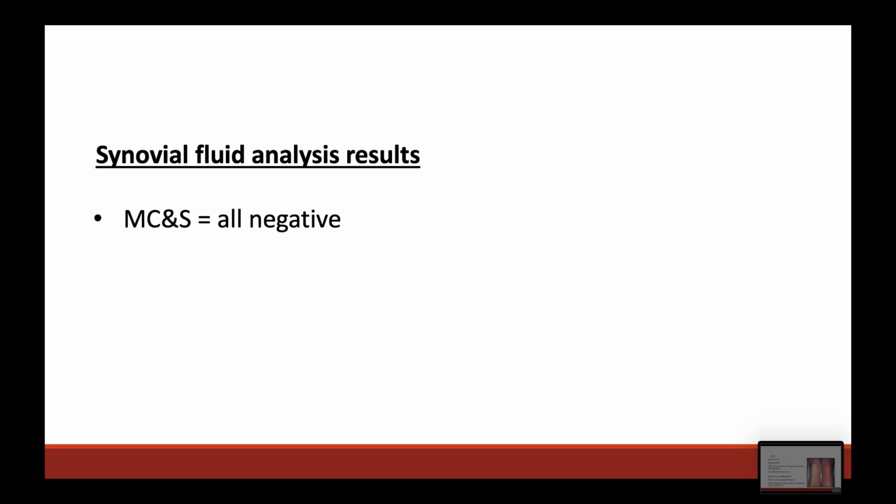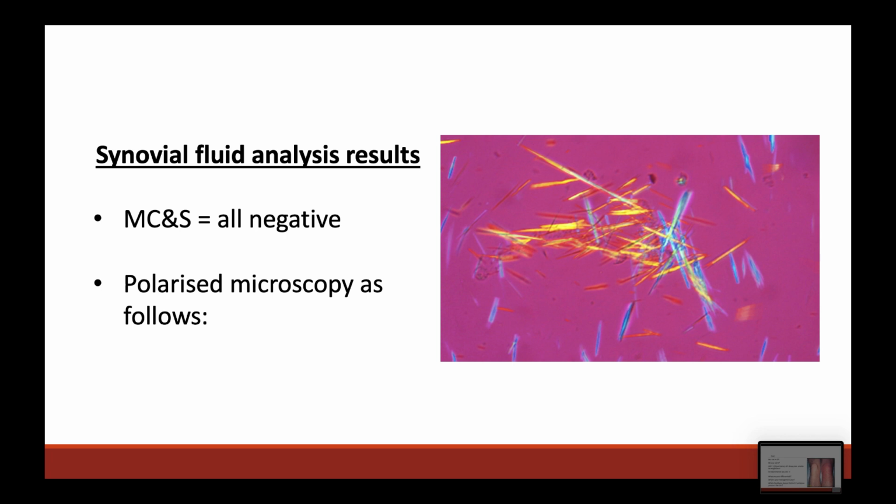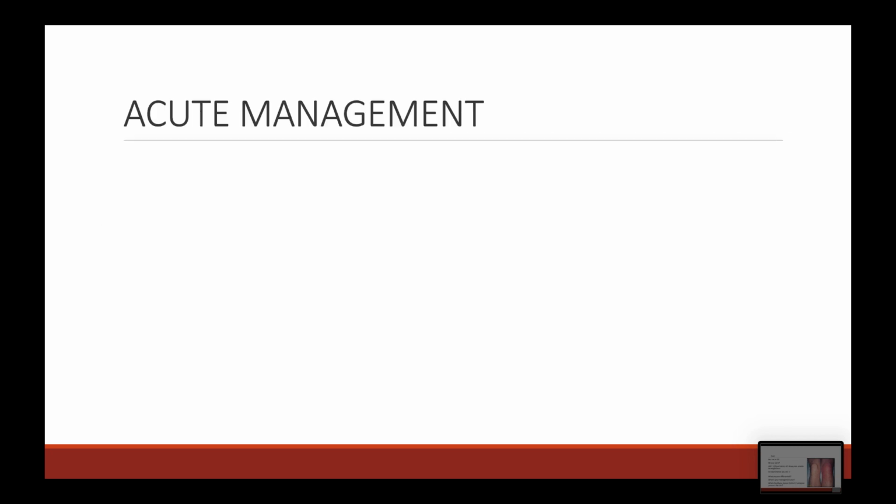So here is what a typical result would look like for someone that's having gout. So their MC and S will be all negative, and they will be showing polarized microscopy, as shown here, which shows the typical yellow needle-shaped, negatively birefringent crystals, which is a buzzword they like to use in exams as well as data interpretation.